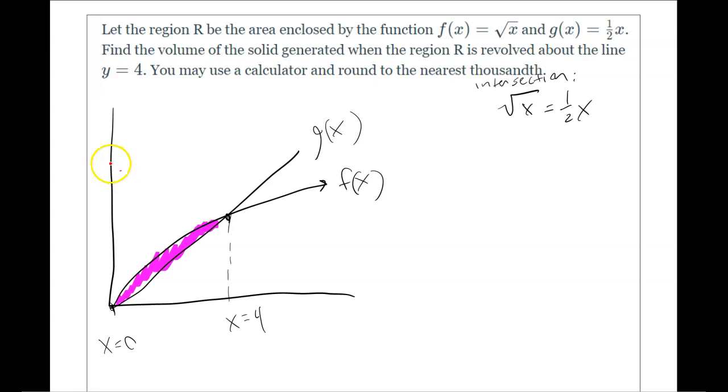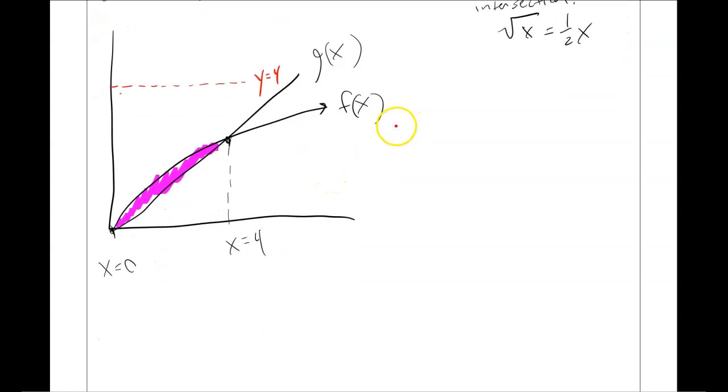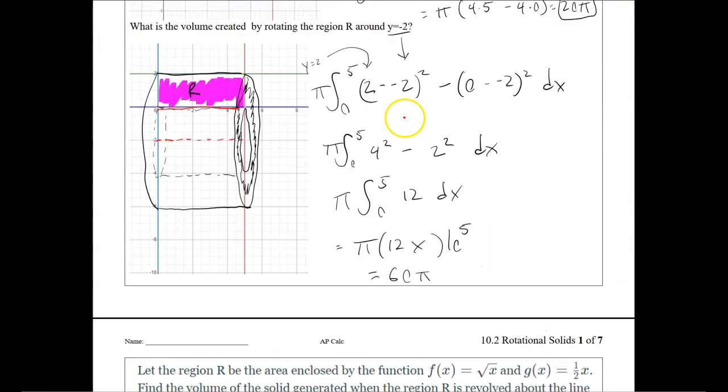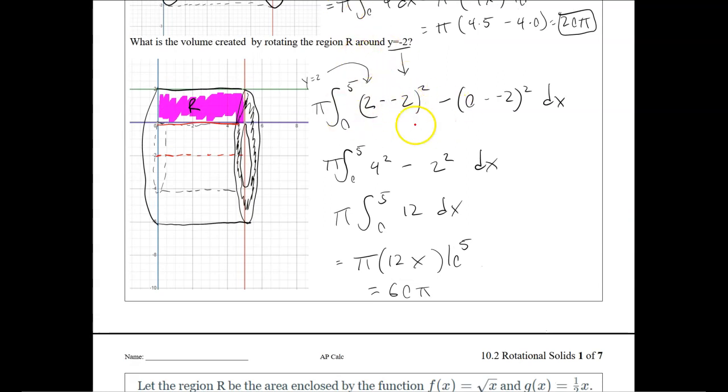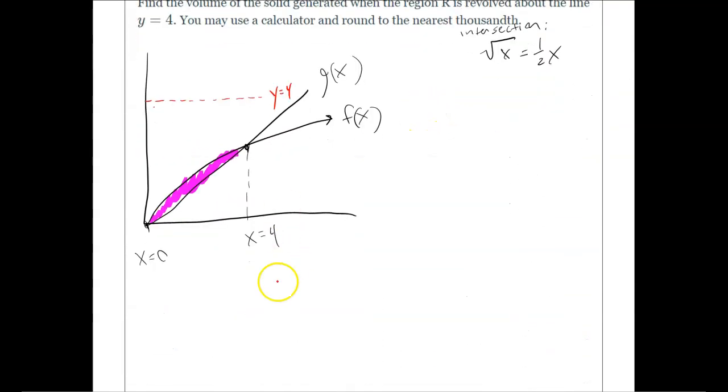So that would be up here somewhere. Right, y equals 4. Okay, so we're going to follow the same steps as we did for our easier problem, right? We're going to do the outside radius minus the inside radius, squared. Well, my outside curve is the one further away, so that's g of x.